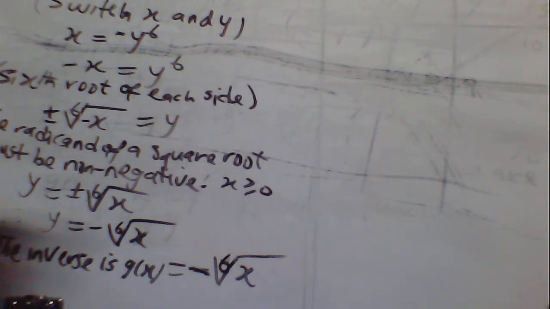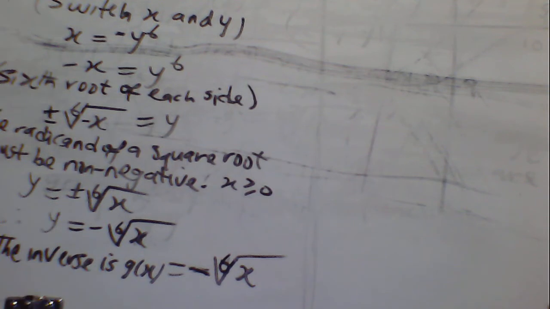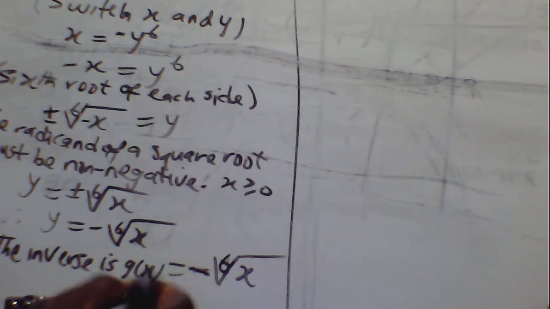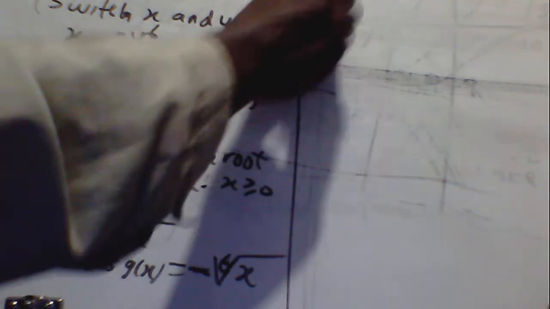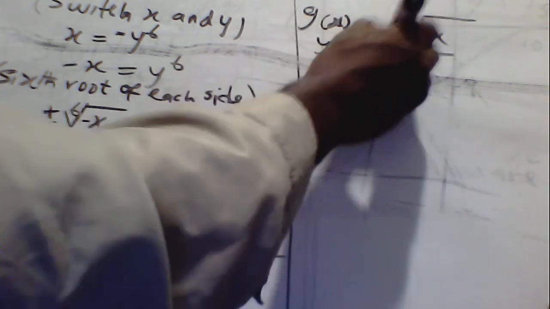Mind you, because we have already tested if two functions are inverses of each other, is it not? So which means from here I can try to find f of x again. So let's try it before we proceed into looking at the graph. If you have g of x equal to negative the 6th root of x, set this equal to y. y is equal to negative the 6th root of what? x.